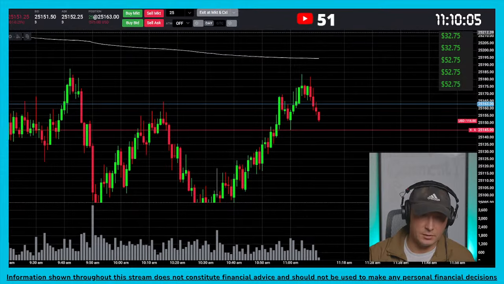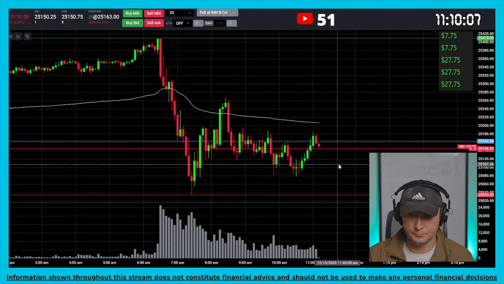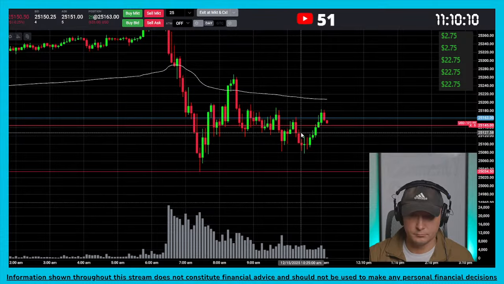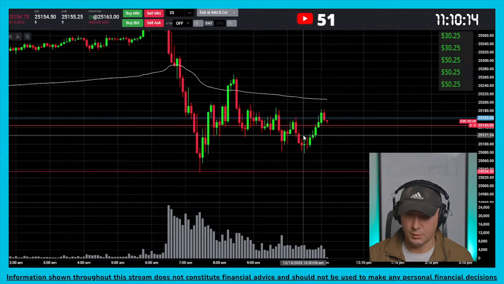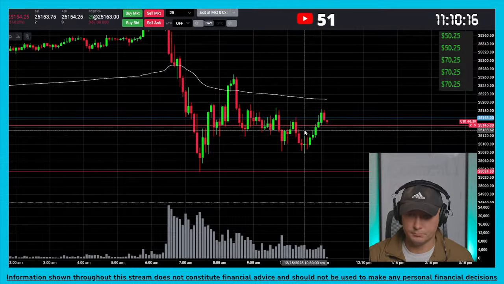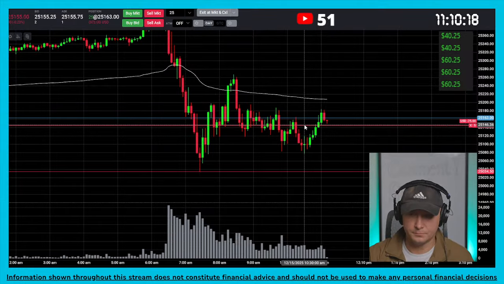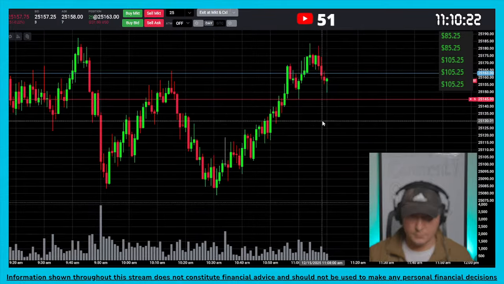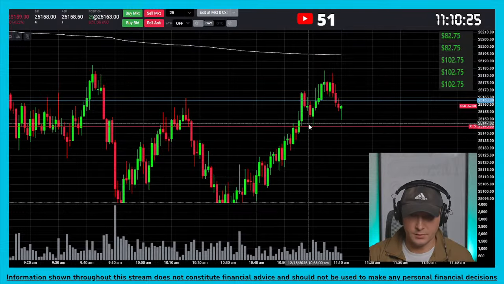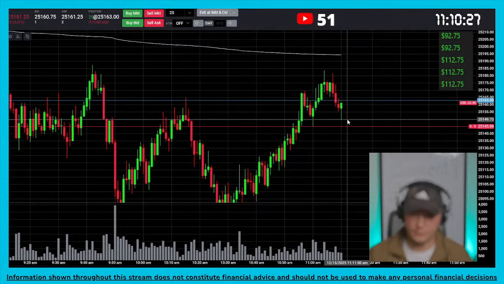Kind of coming right back to this range, isn't it? It could potentially pull back to 25,120 maybe. But that wouldn't be that good. I want 25,150 to hold. That was this previous bounce on 145. Now it bounced off 149.75.